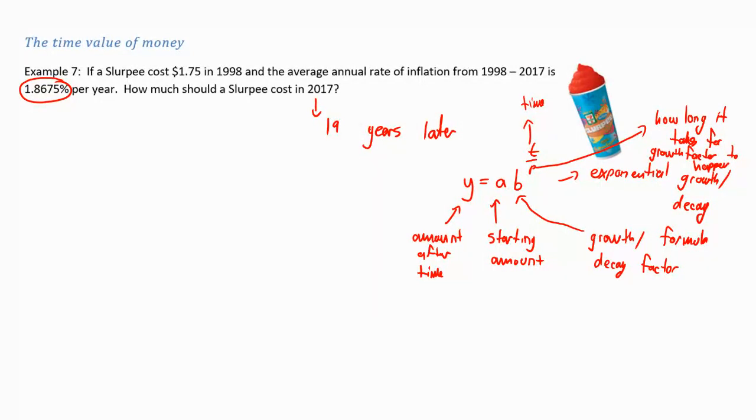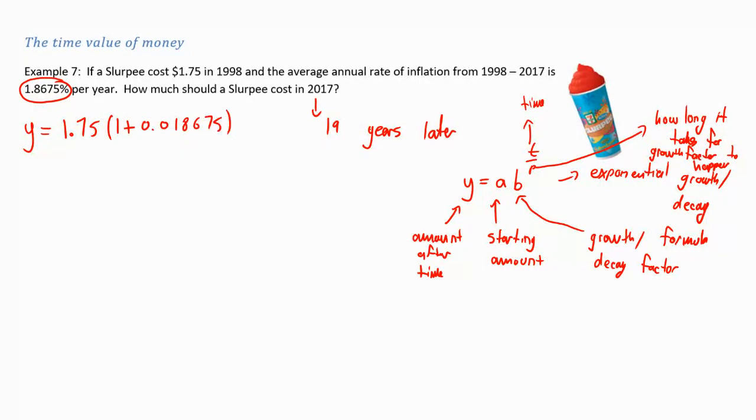So in this case, we're going to have y equals $1.75. Now the tricky part is what our b value, or growth factor, is going to be. Our growth factor is going to be 1 plus 0.018675.